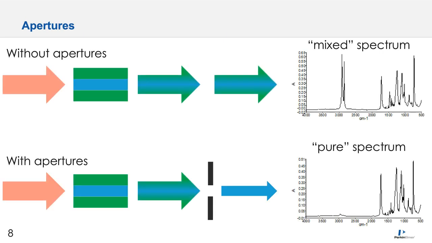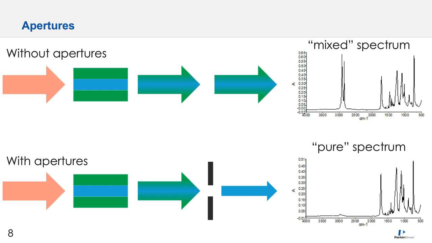And so that's where apertures come in. Apertures are simply devices which will block the infrared beam. So in this example here, we're looking at spectra collected with the material with large apertures, or no apertures, at top, and then with apertures down at the bottom.